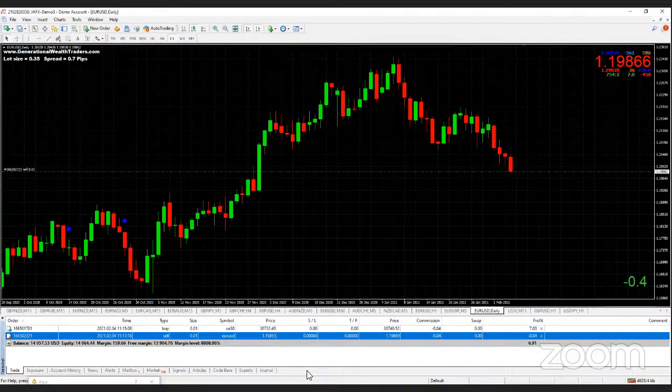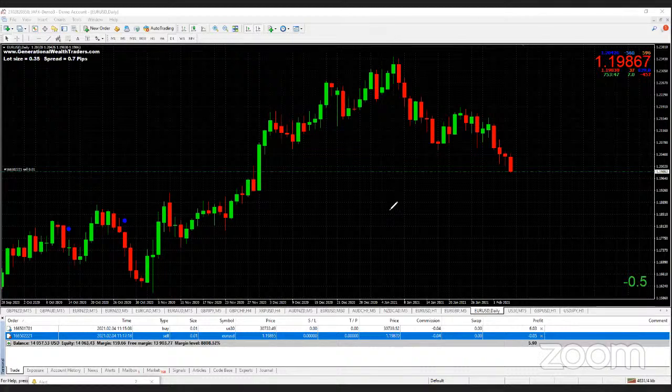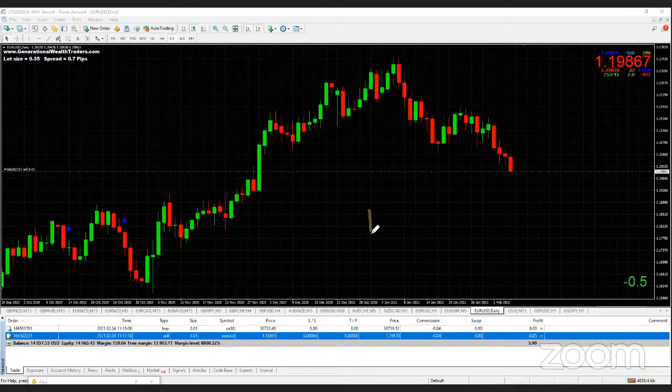So pulling up my pen there, we entered at 1.19865.